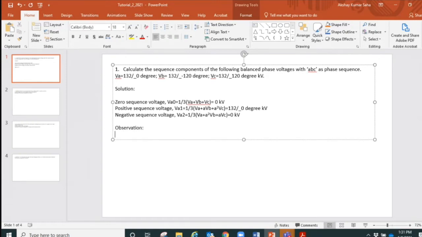What we observed: the problem stated that it is with ABC phase sequence, and conventionally this is considered as the positive phase sequence, right?